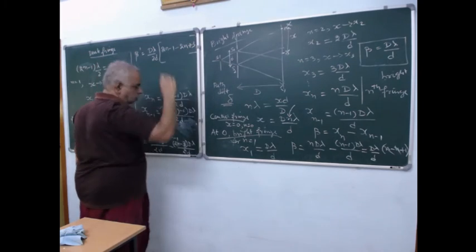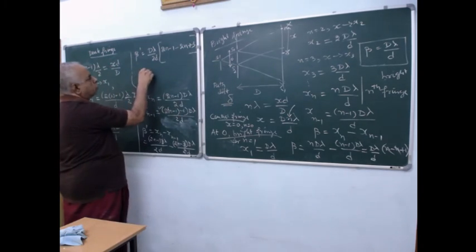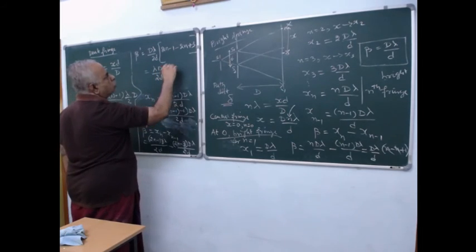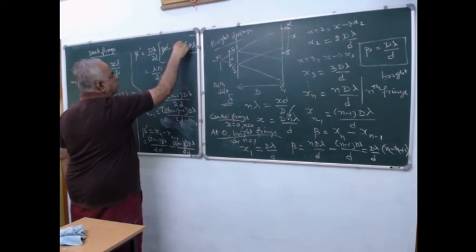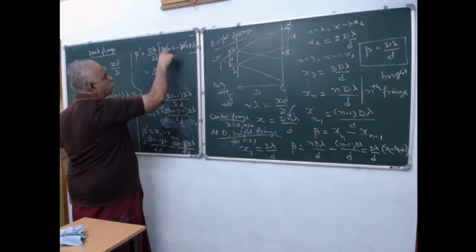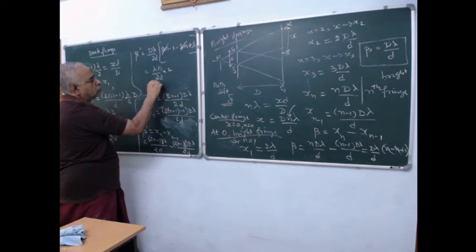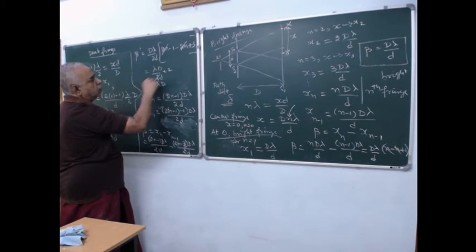Close the bracket. Okay. So therefore D lambda divided by 2d into 2n cancel, and 3 minus 1 is 2. Okay. So that is equal to lambda D divided by d.